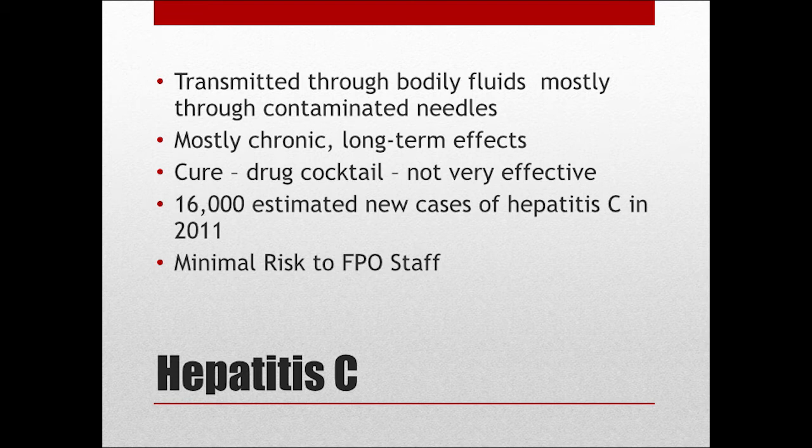Has mostly chronic long-term effects, and the cure, the drug cocktail, is like I said, only about 50% effective. There were 16,000 estimated new cases in 2011. But because of the way it's transmitted, the risk is not as much as the other two.